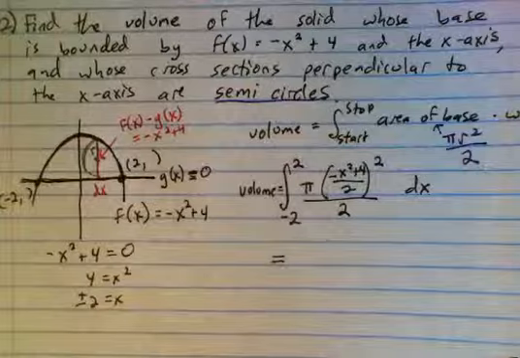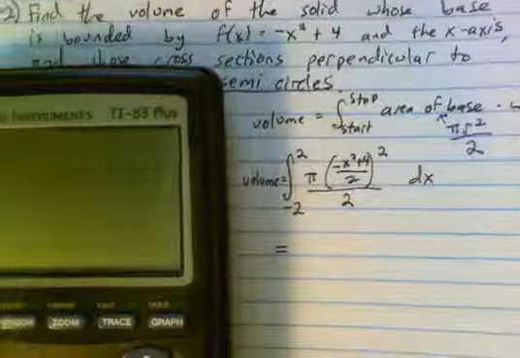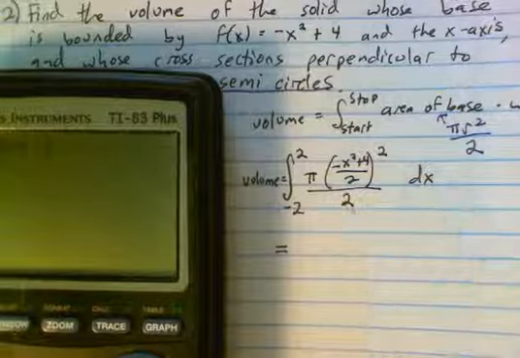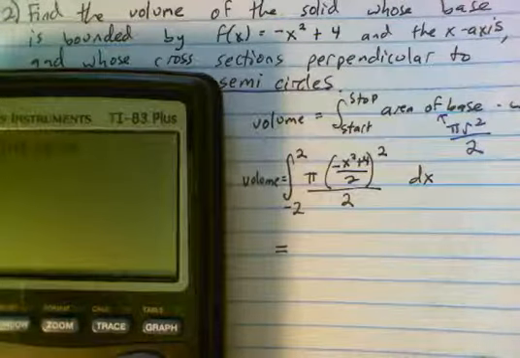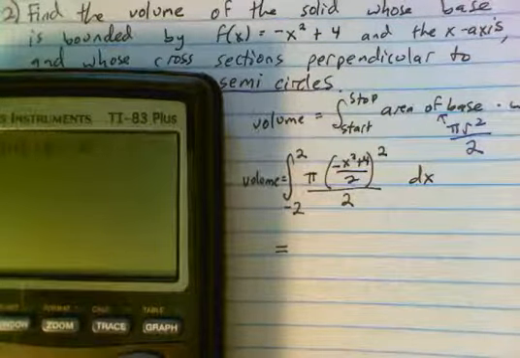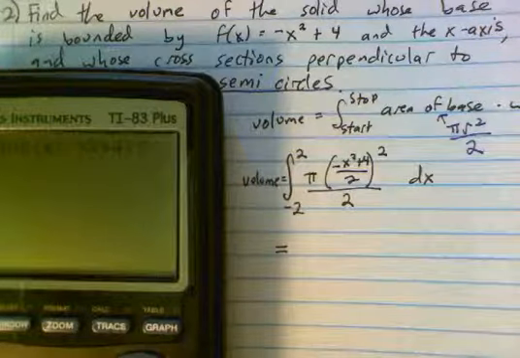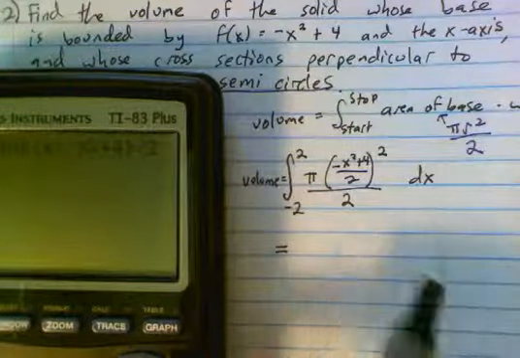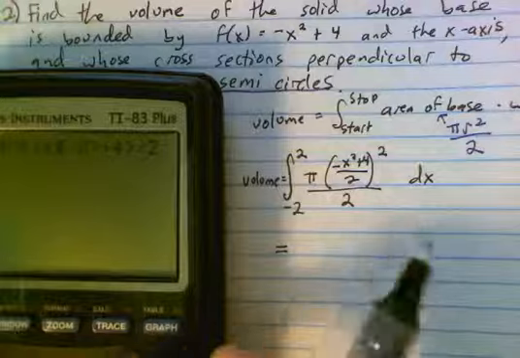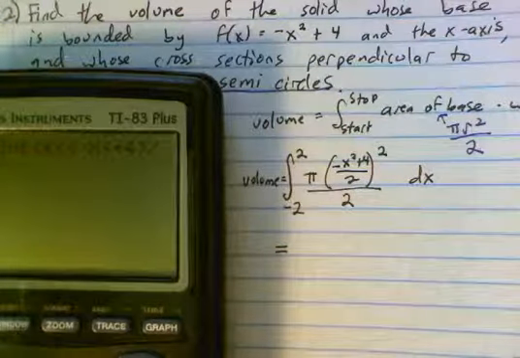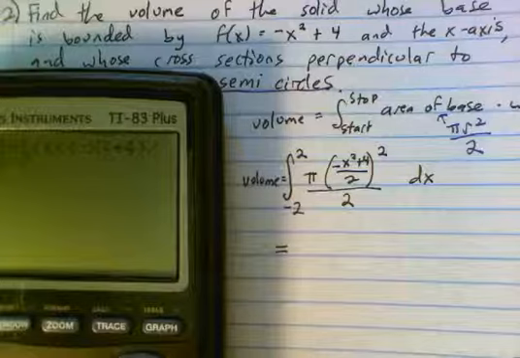Again, you can just punch that into the calculator. Be really, really, really careful with your parentheses. So we've got pi, in parentheses, negative x squared plus 4, whole quantity divided by 2, then that whole quantity squared, and that whole thing divided by 2.